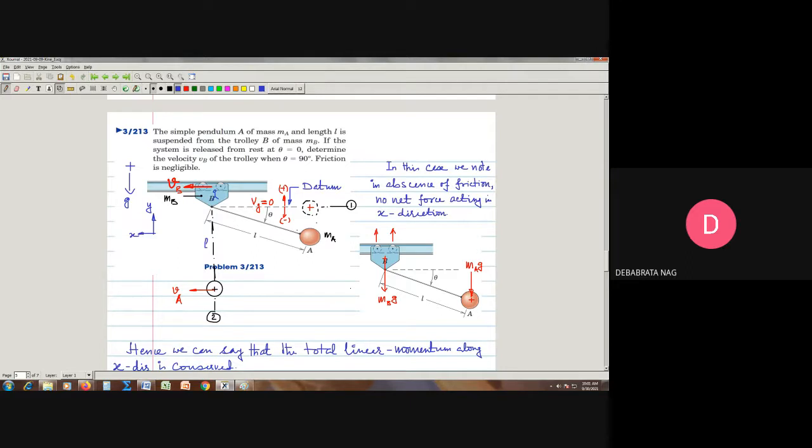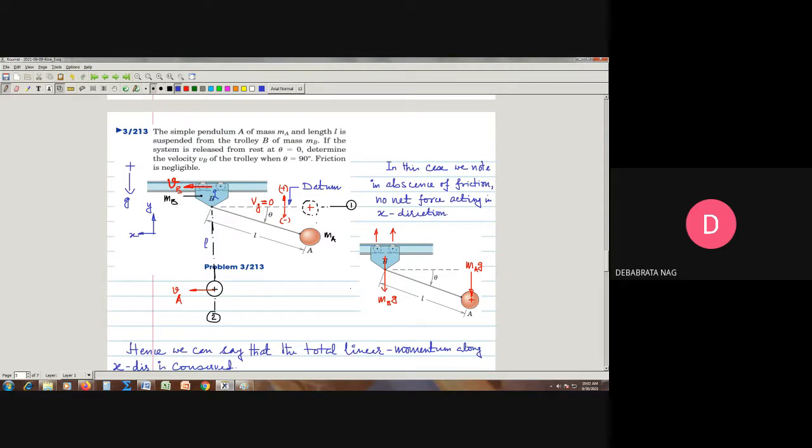As the pendulum swings, theta will define the position of this pendulum bob in the vertical plane, and we will be interested to know how this trolley velocity varies, assuming that these two masses are comparable.